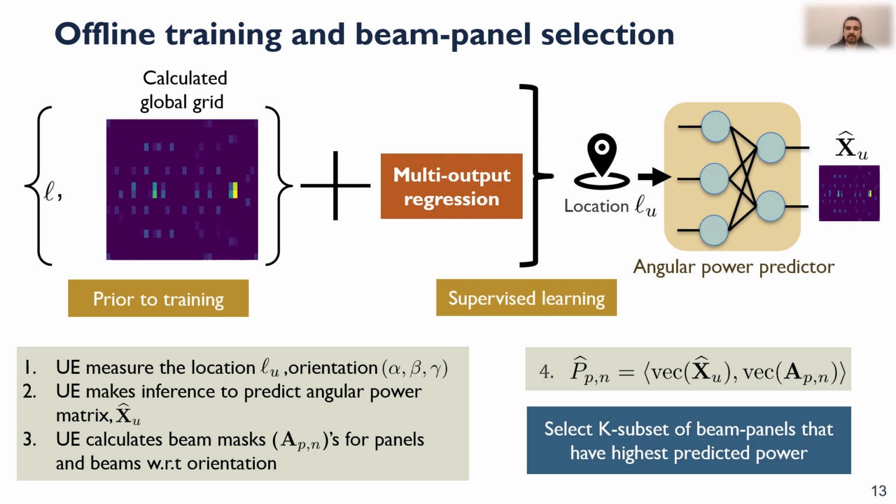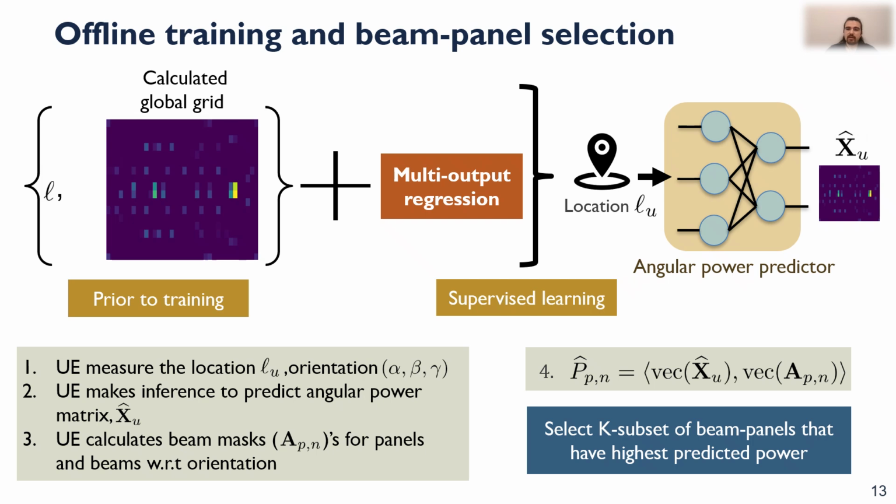Together with multi-output regression, the angular power predictor model is trained. For a given location, the network predicts x hat, which is the angular power matrix.